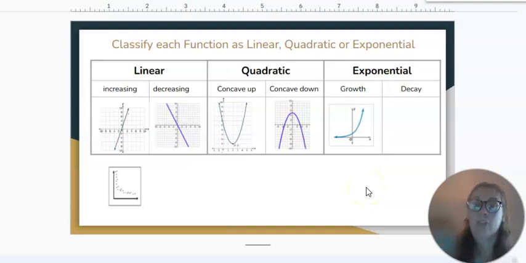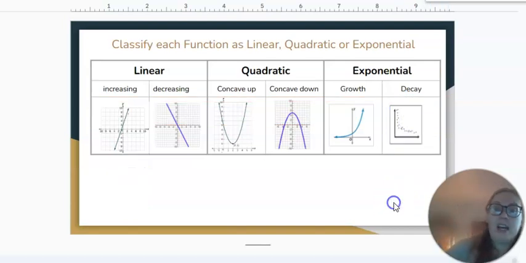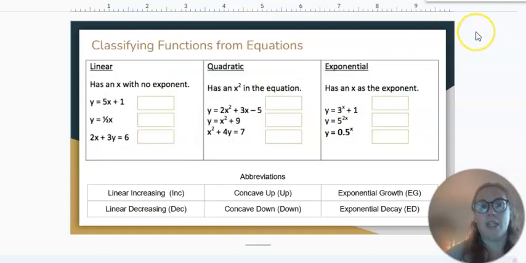It starts off low and then jumps up, versus decay starts off high and then comes on down from left to right. So make sure you have those 6 categorized in their correct position, and when you're all set, you can push to slide 4. Just starting to notice the differences between each of these types of functions.